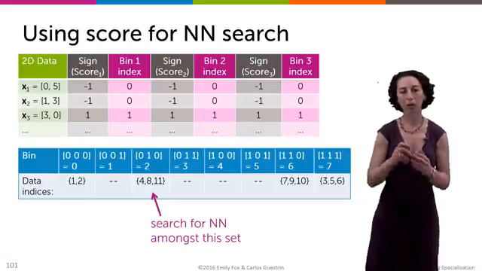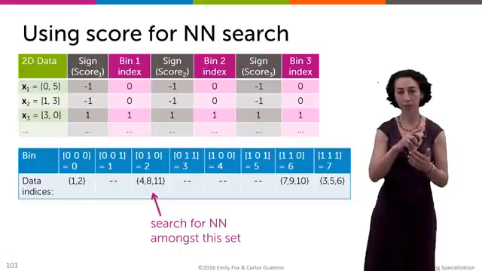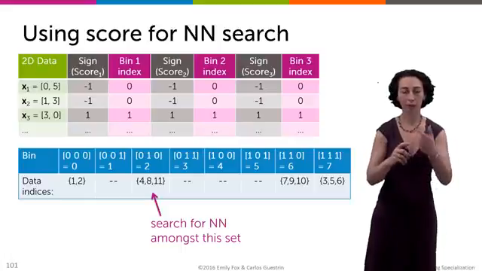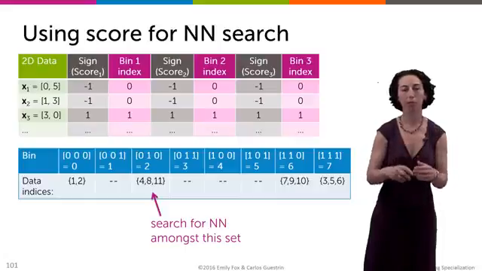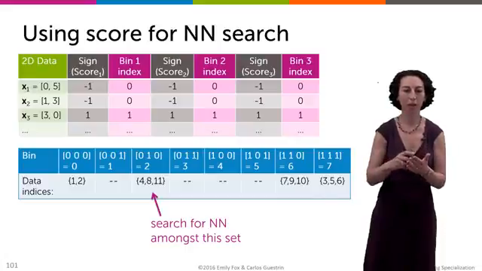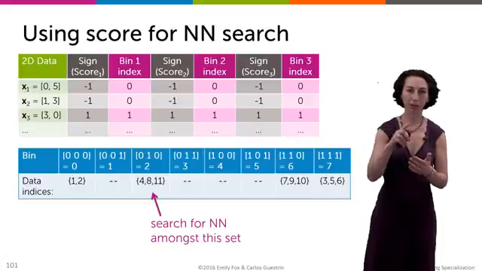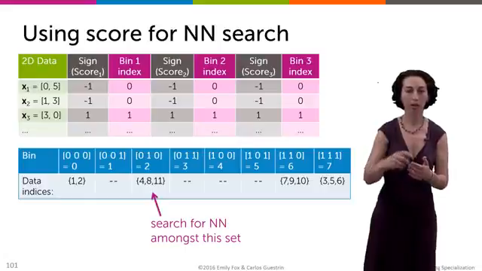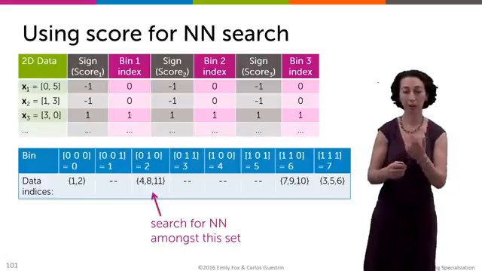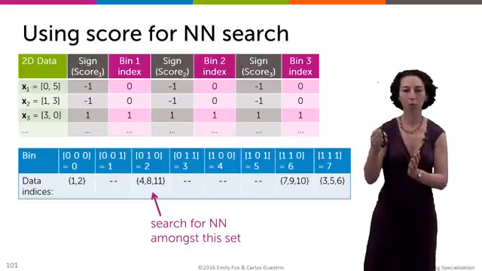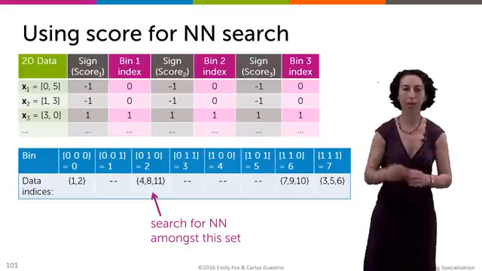So for example, the points that have these binary vectors with values 0, 0, 0 are going to have key values that are 0. The points that have, for example, let's say a binary vector 0, 1, 1 are going to have a key value that's 3. So it's going to take the fourth location in this table.